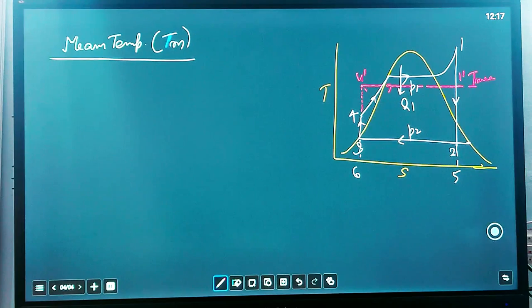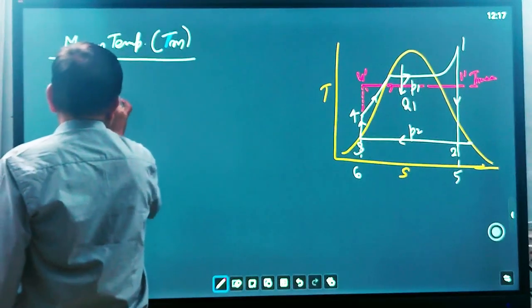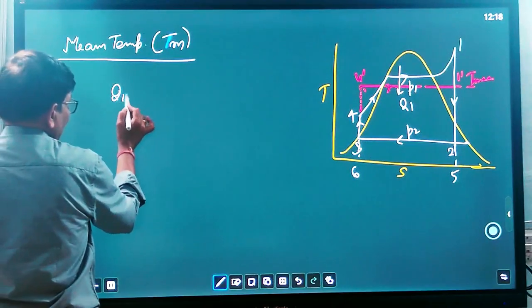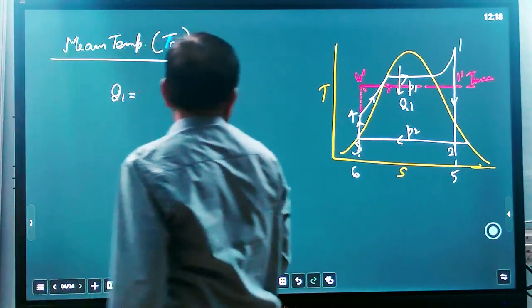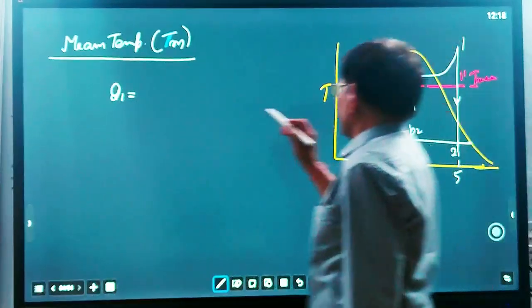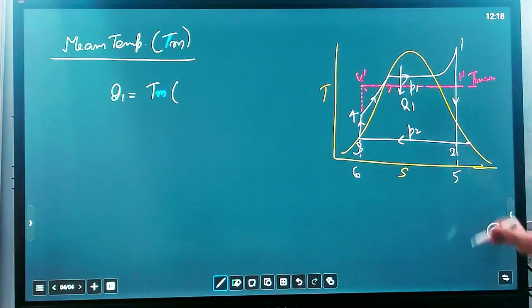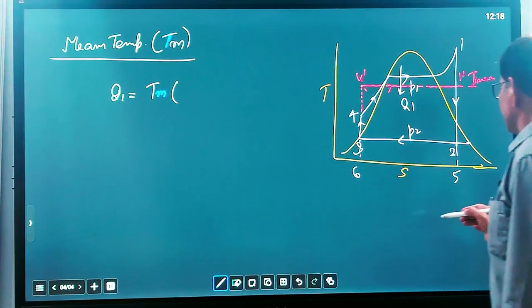So for the heat addition process, Q1, using Q equal to T S, Q1 equals T mean into the entropy difference, S5 minus S6.